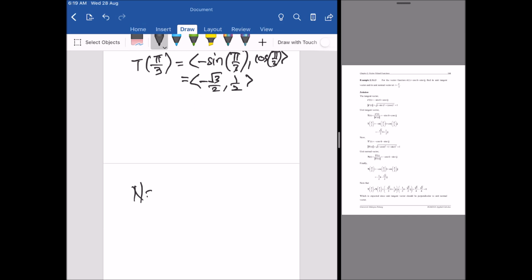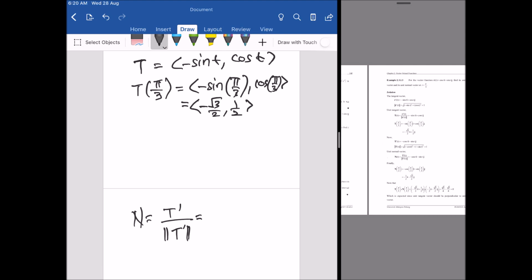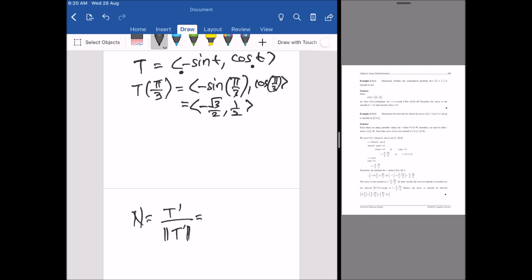Again, the formula for N is the derivative of your unit tangent vector divided by the magnitude of the derivative of the unit tangent vector. Your unit tangent vector is negative sin t, cos t.